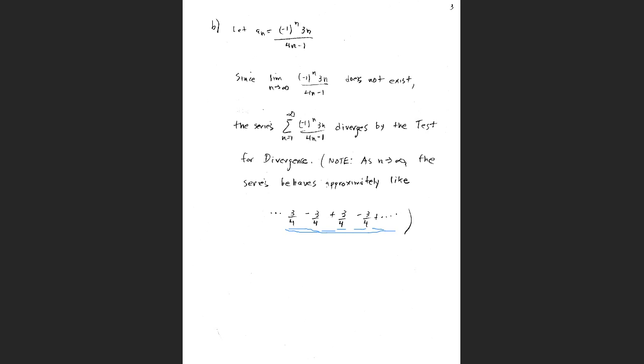Intuitively that's why the series doesn't converge. But we can also comment that the limit as n approaches infinity of (-1) to the nth power times 3n divided by 4n minus 1 just doesn't exist. We can see it down here: the terms are basically acting like 3/4 minus 3/4 plus 3/4 minus 3/4. The series never converges. So this series diverges by the test for divergence.